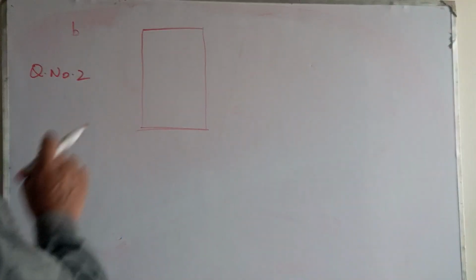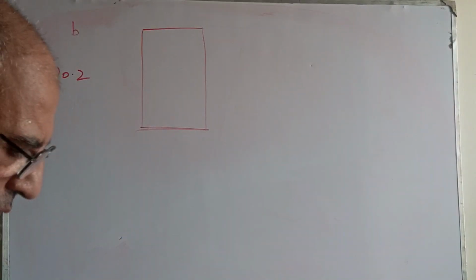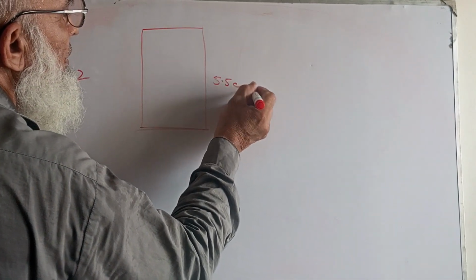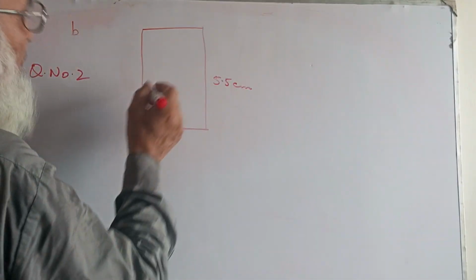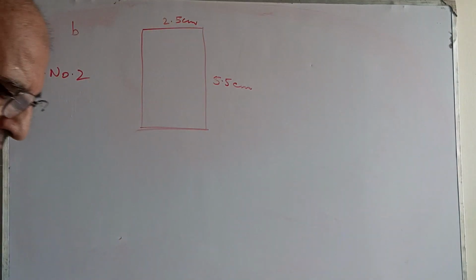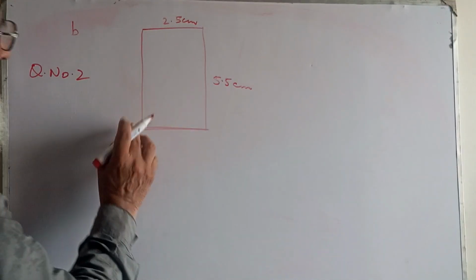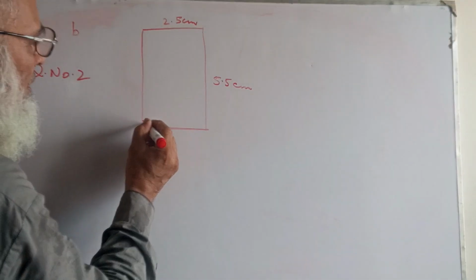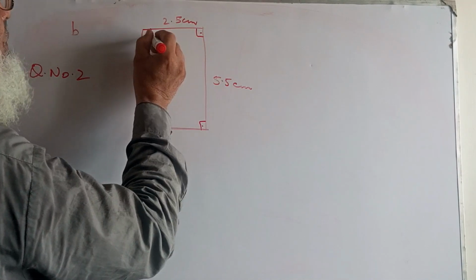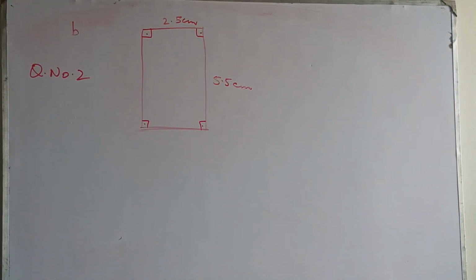Now this side measures 5.5 centimeters and this side measures 2.5 centimeters. Since the signs are given on each of the corners, it means that this is a regular rectangle.